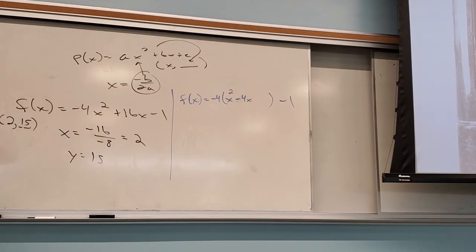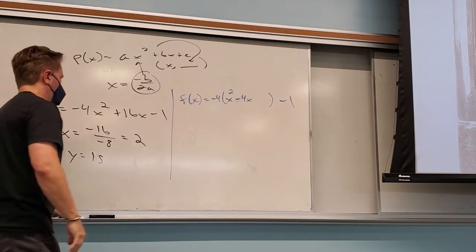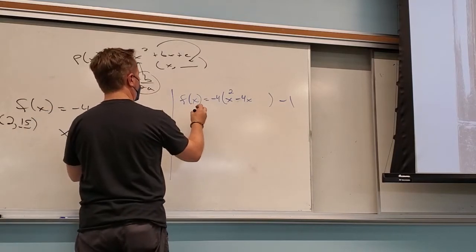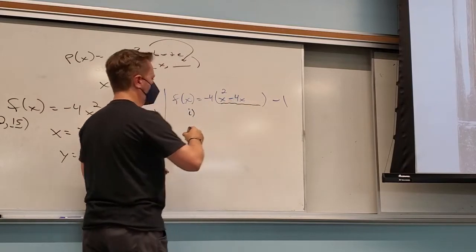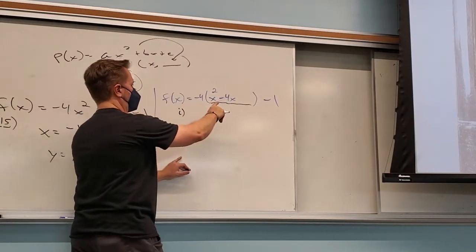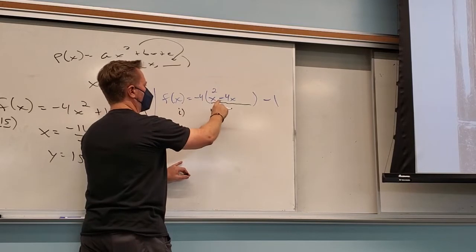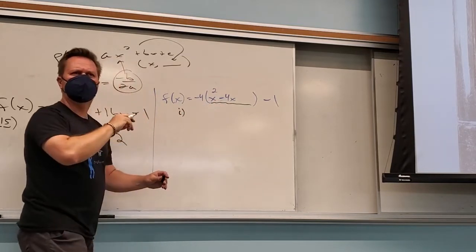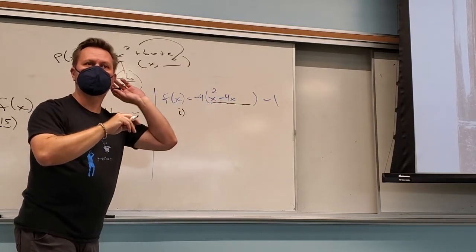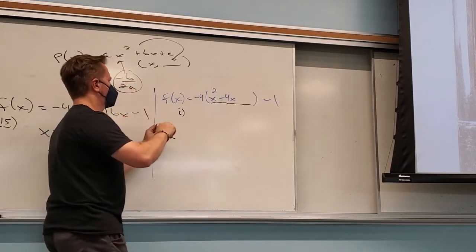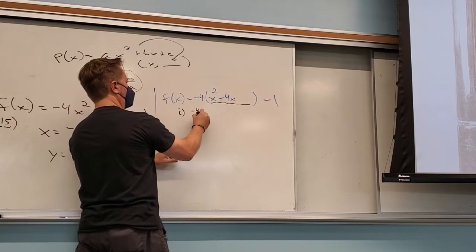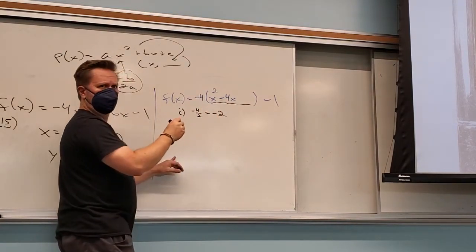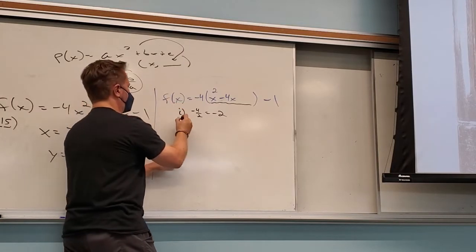Hopefully at this point, the completed square part's pretty nice, right? What are the 2 steps for completing a square? No. So you cut this guy in half. I don't know if you're jumping ahead, but I want both steps, because each step helps you.